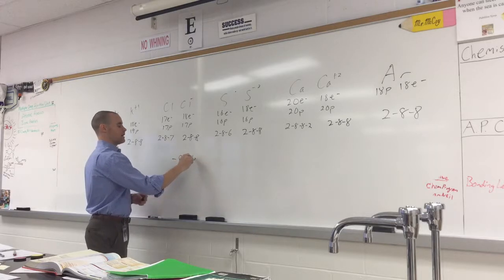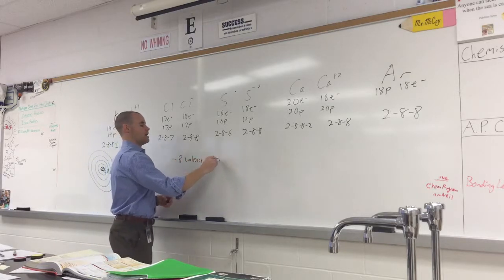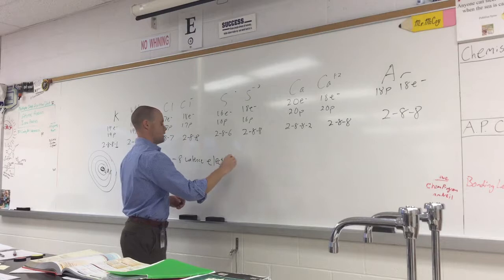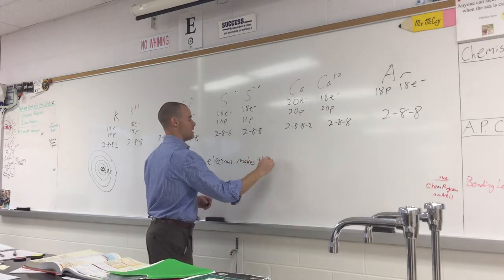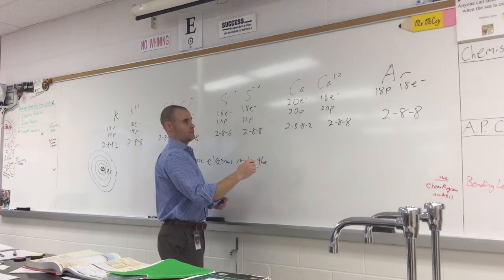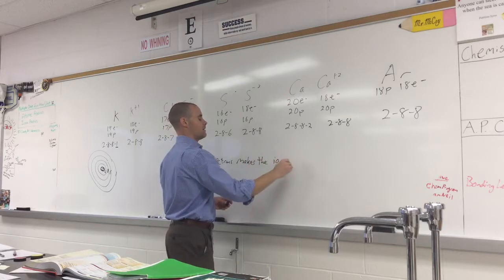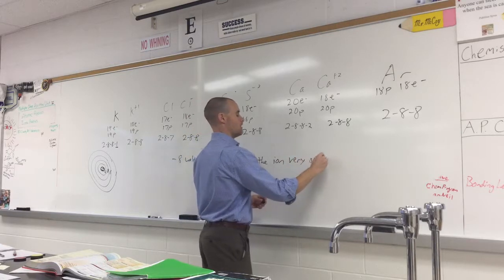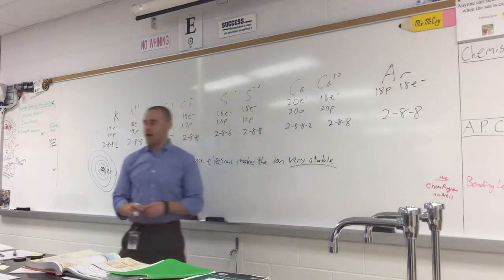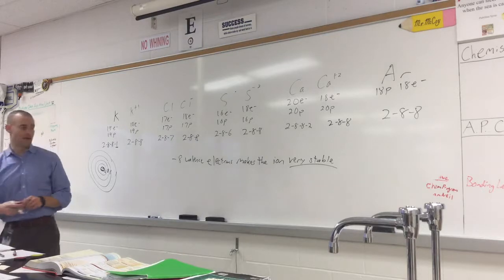8 valence electrons makes the ion very stable. So 8 valence electrons means very stable.